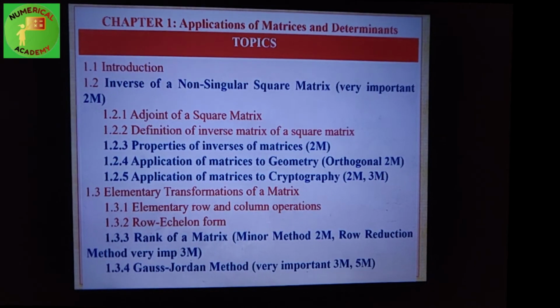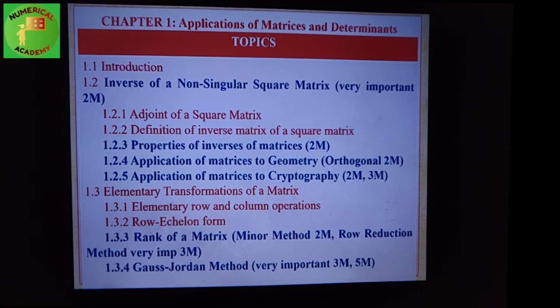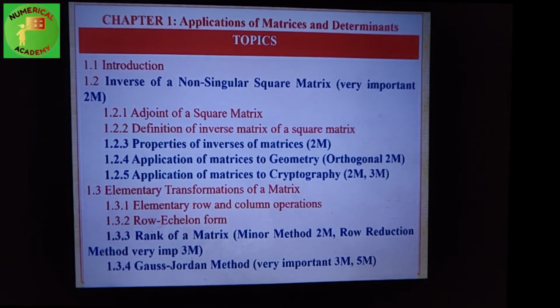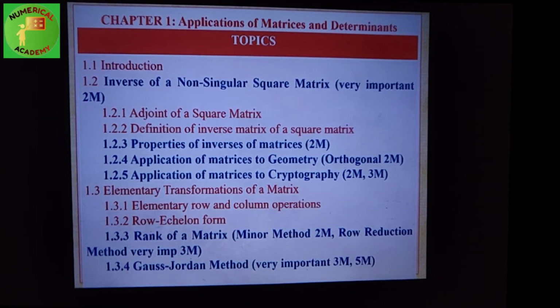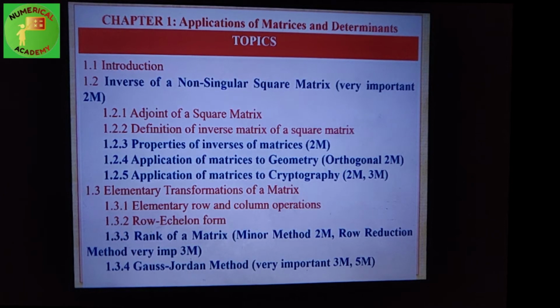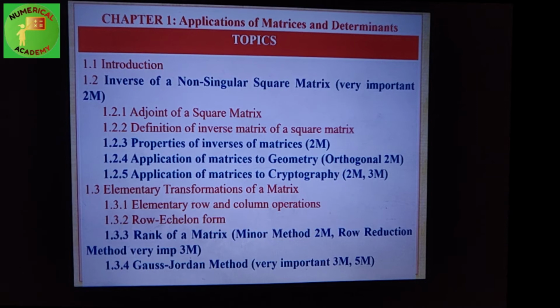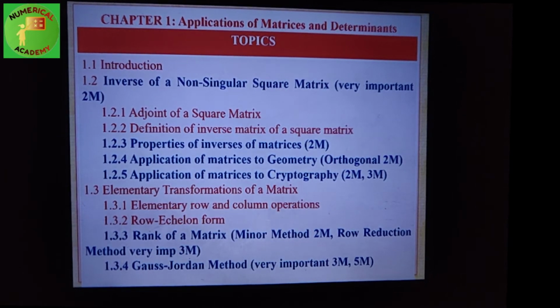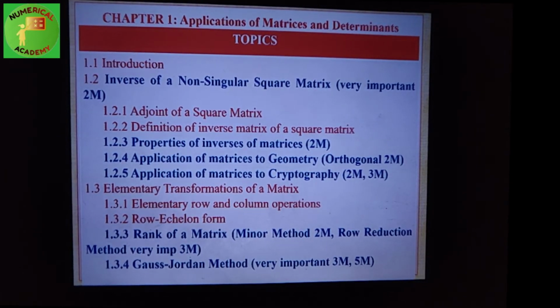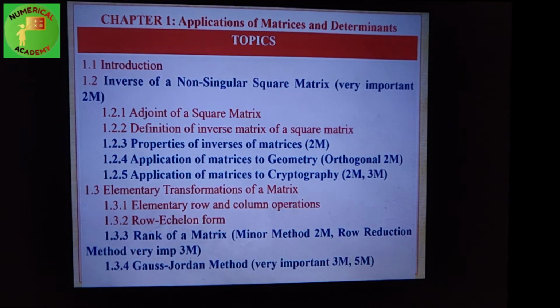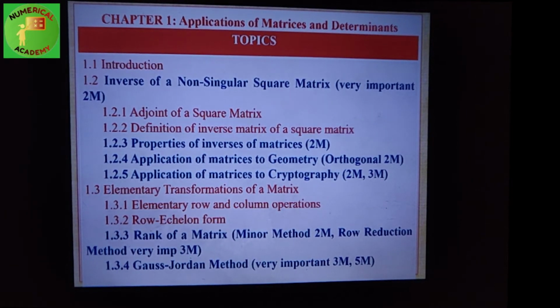Next I am going to discuss the important topics from chapter 1 and chapter 2. In chapter 1, we have 5 topics in total and under them many subtopics. I have mentioned the topics along with the subtopics so that it will be very easy for you to identify which are the important topics.